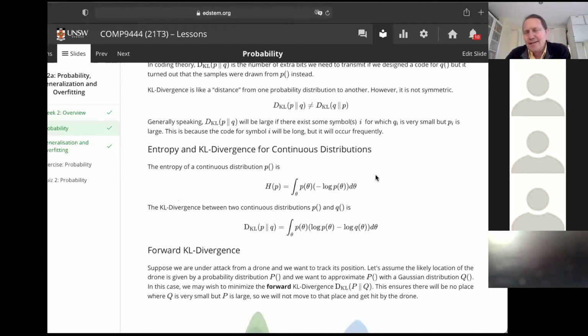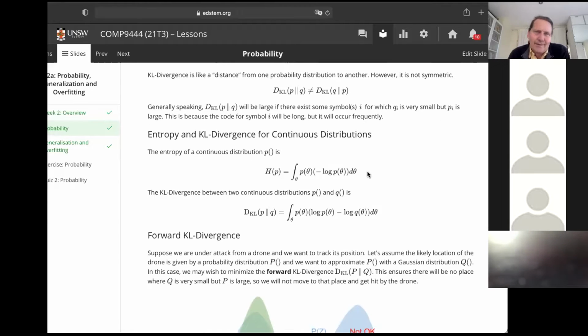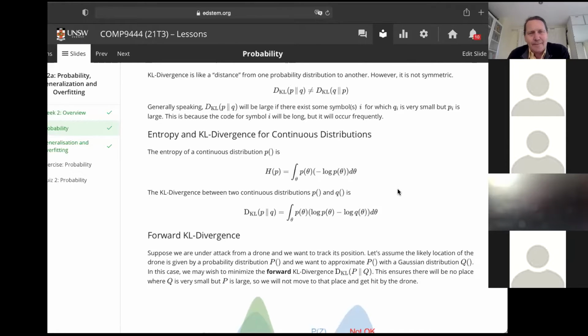You can interpret it in terms of coding theory, but you're trying to send a continuous number, so you have to decide what resolution, what precision you're going to send: 2 decimal places or 3 decimal places, and that kind of thing. So it becomes a bit more complicated.